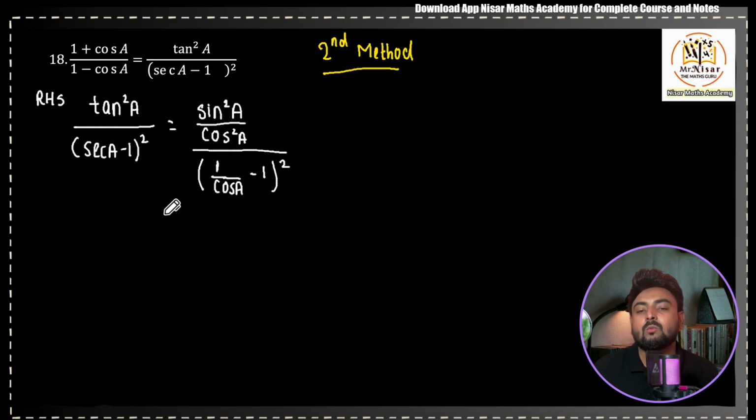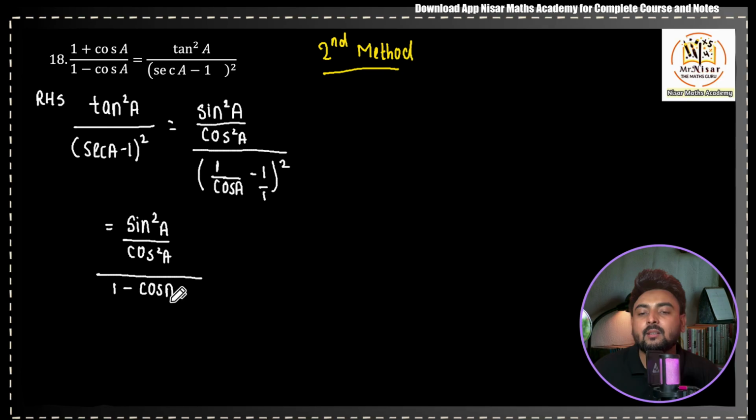Okay, now what is the next step? So sine square A upon cos square A. Can we cross multiply here? Yes. So 1 into 1 it will be 1, minus 1 into cos A, it will be cos A, upon cos A into 1 it will be cos A, and it is a whole square.